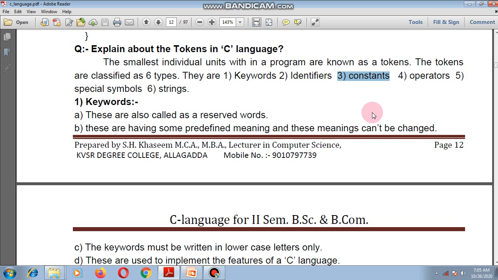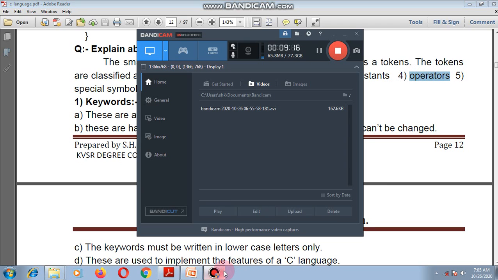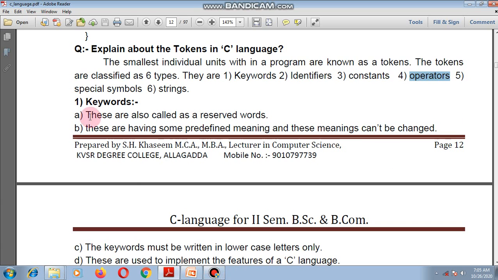Character constant is classified into two types: string and single character constant. Next, operators are symbols used to perform different types of operations on values, and special symbols are used to write the program. Strings are nothing but a group of characters.